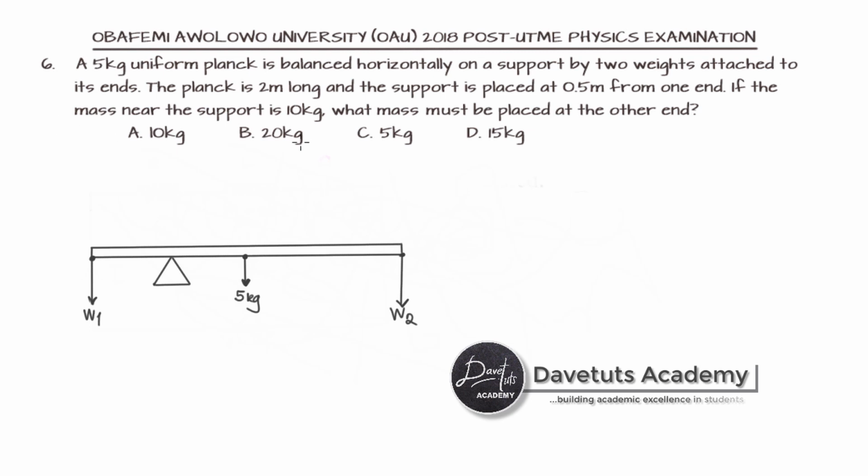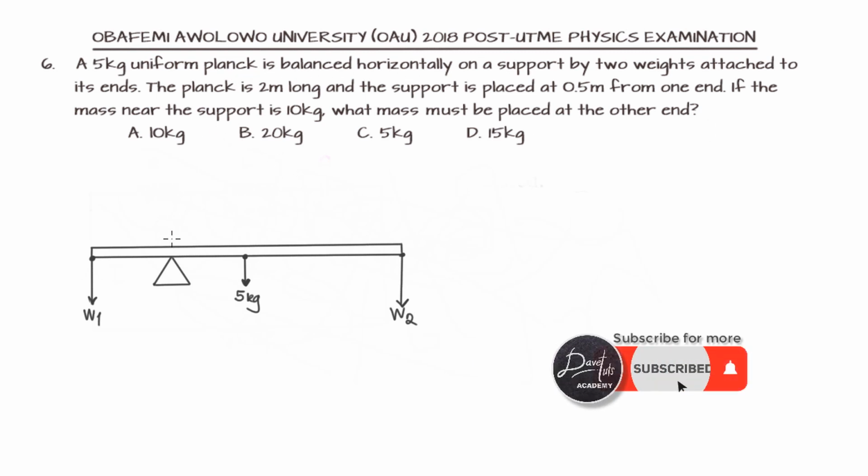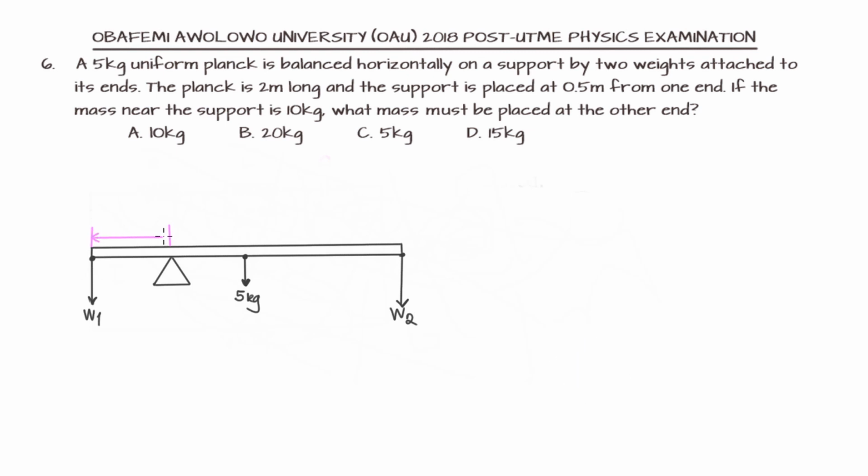So now we can indicate, we've indicated that support already. Then we can put in the distance between this support and this end, as we are told in the question, that is 0.5 meters. So this is 0.5 meters. Now, know that the plank is 2 meters long, and the weight is acting exactly at the middle.